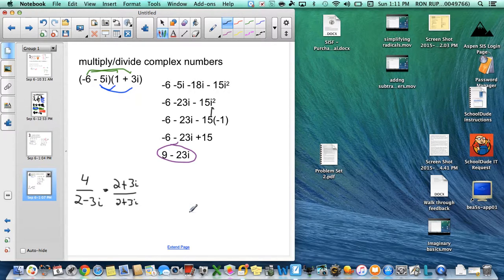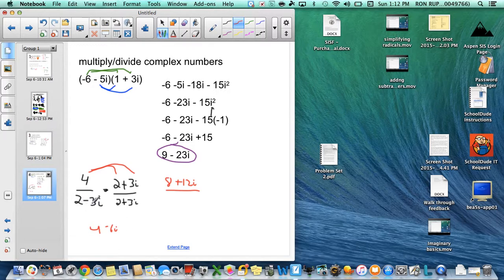And so let's do this here. 4, we have to distribute, remember, because this is multiplication, so 4 times 2 is 8, and 4 times 3i is 12i. And then 2 times 2 is 4. Negative 3i times 2 is negative 6i.